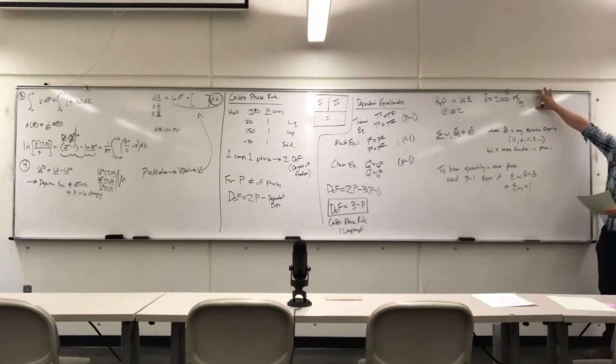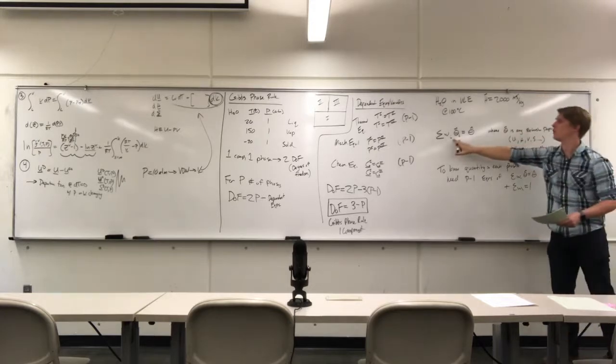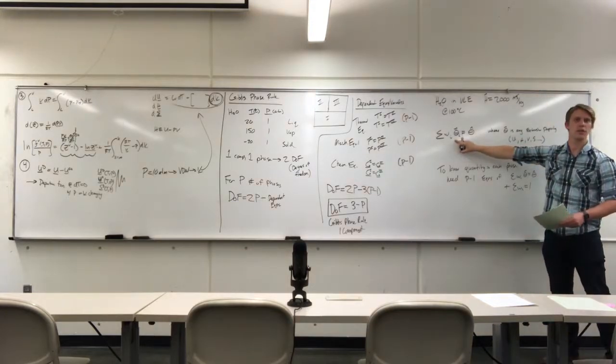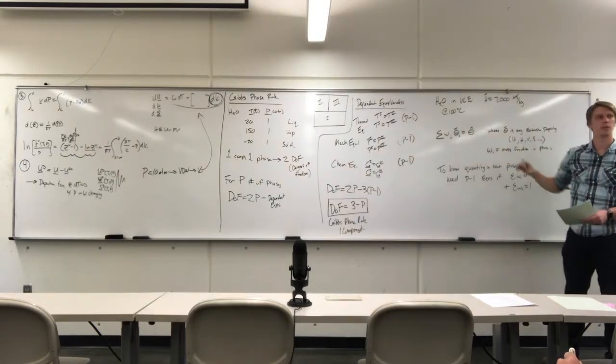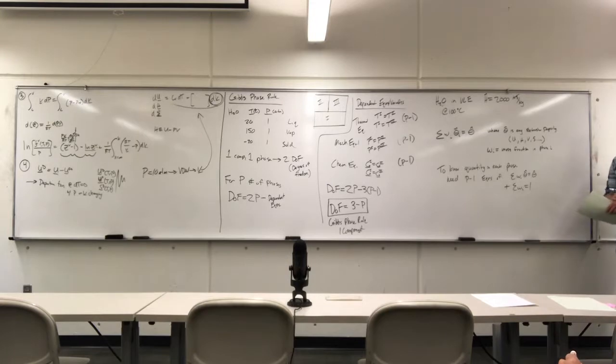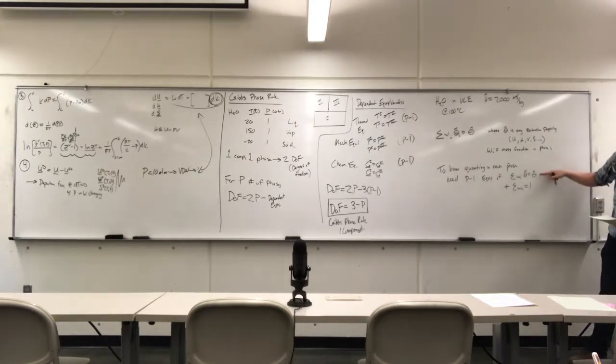So if I know the total enthalpy of the system, then I could look at the individual specific enthalpies of each of the two phases and use this information to figure out how much material is in each phase. Or that could be the total density of the system, or the total volume of the system. Right, so the P minus 1 is for all of these expressions.